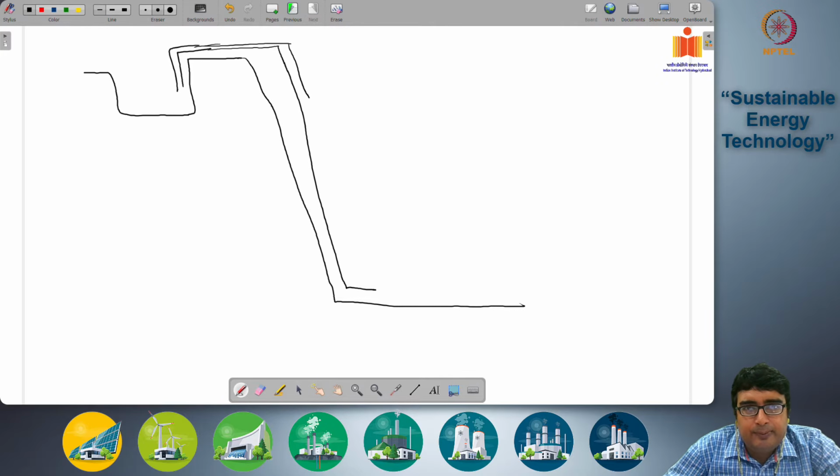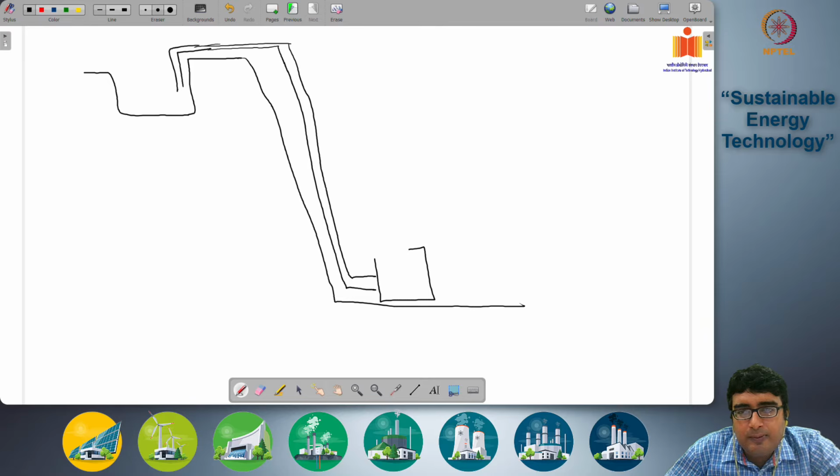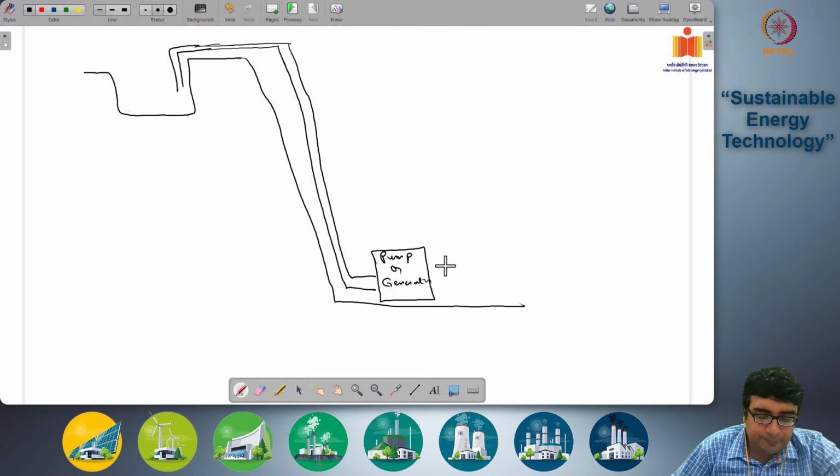This pipe is transferring water down from the hill, and this is your pump or generator based on how it is being used.